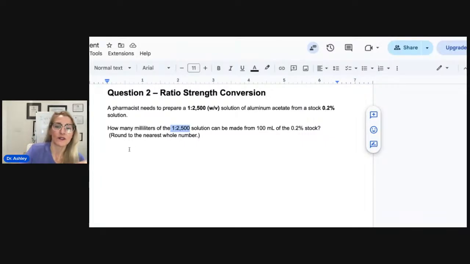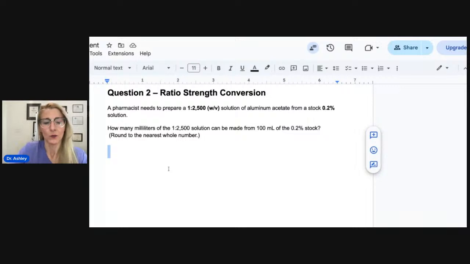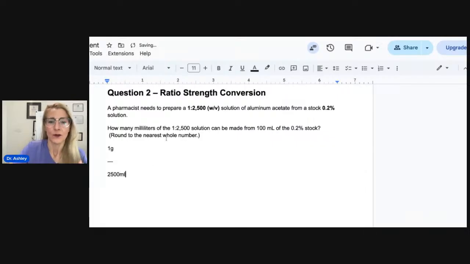So let's convert that. We've done it before. 1 gram over 2,500 mLs. That's like saying 1 to 2,500. You just put grams after the 1, mLs after the 2,500. And why not set it up like a ratio, like we do so often?